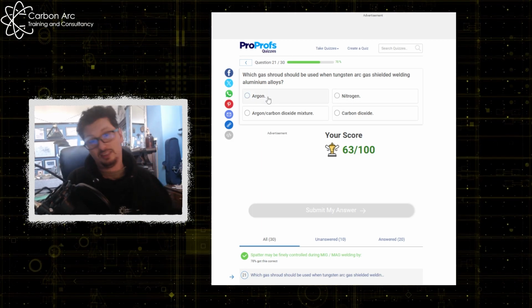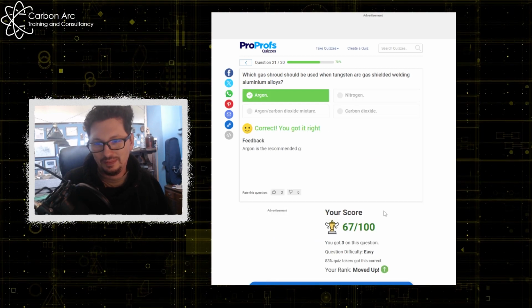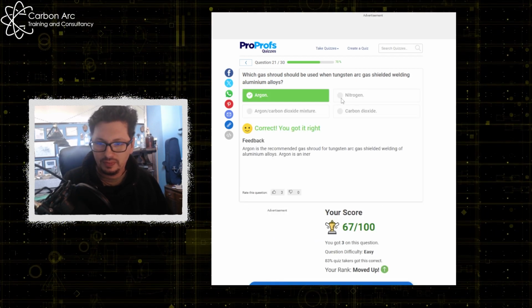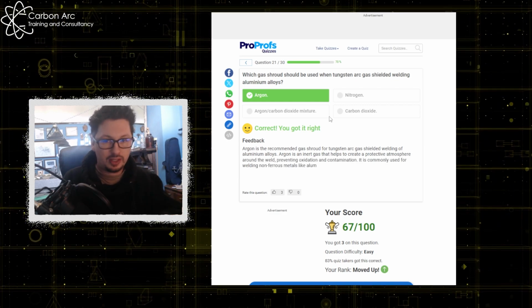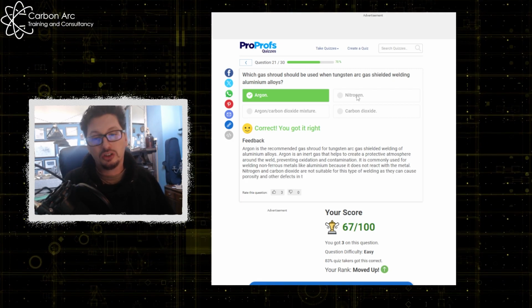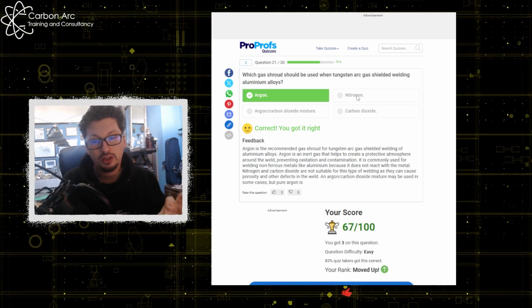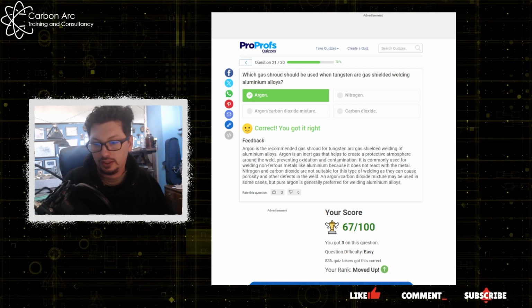We use argon. TIG doesn't do well with carbon dioxide in it at all. The electrode tends to react violently. Nitrogen, we use a small amount of it when we're doing things like super duplex. It's an austenite promoter.